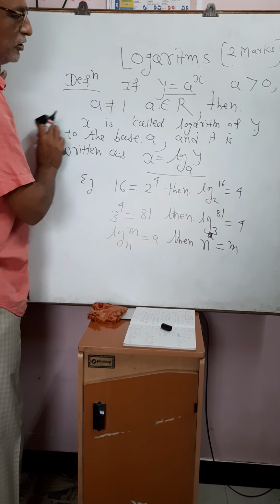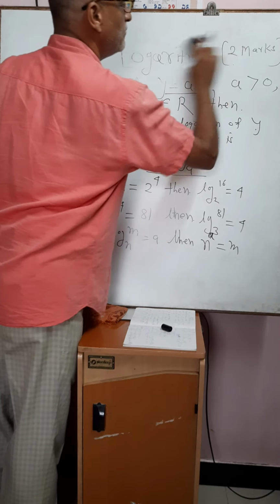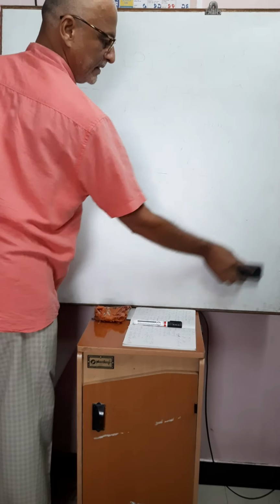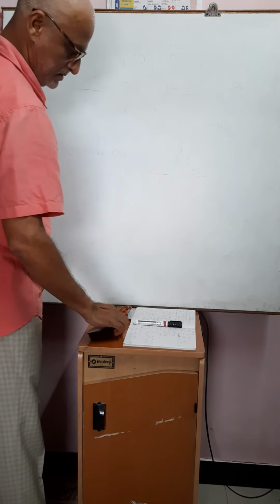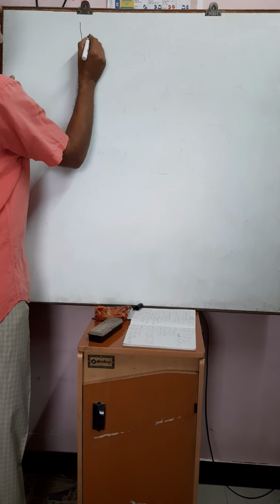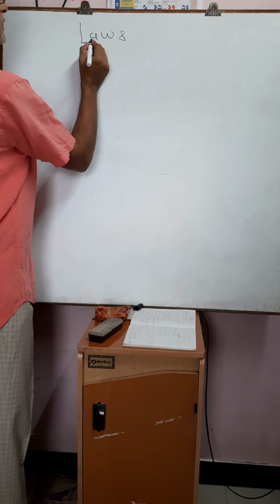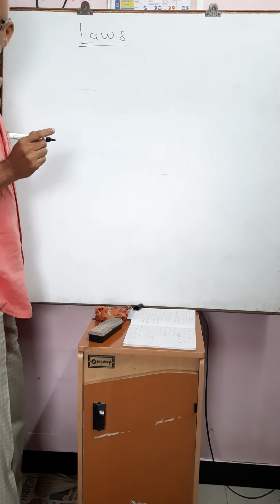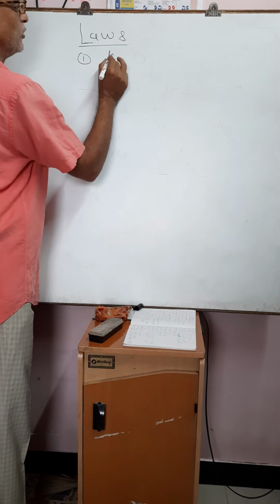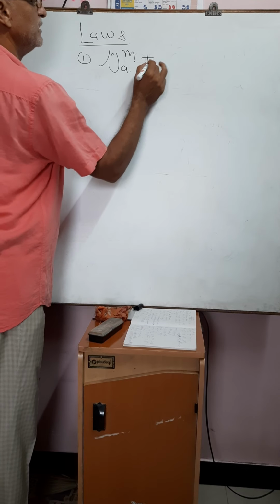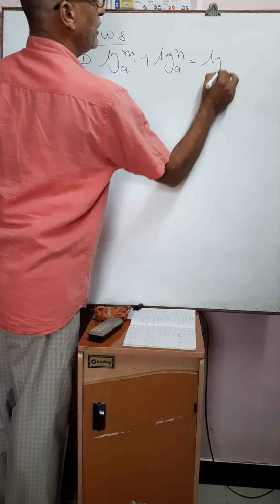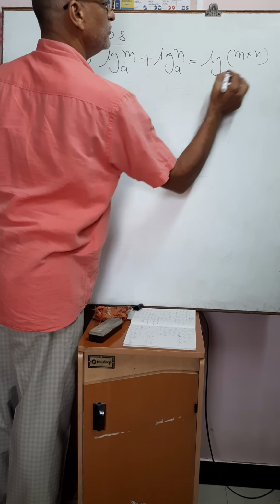Now the next part is the laws of logarithms. First law: log of m to the base a plus log of n to the base a is equal to log of m into n to the base a.